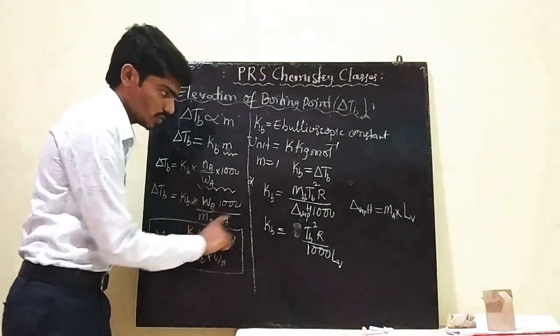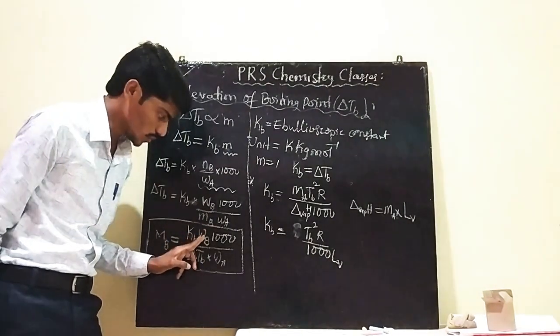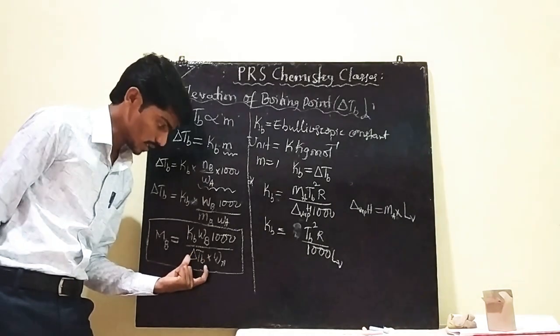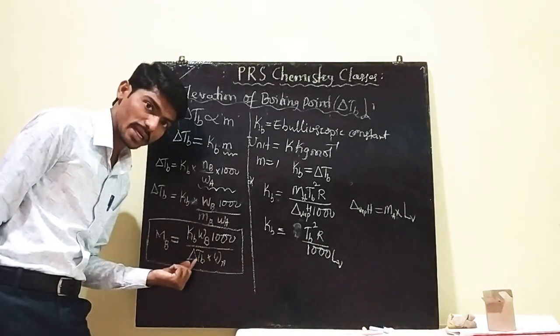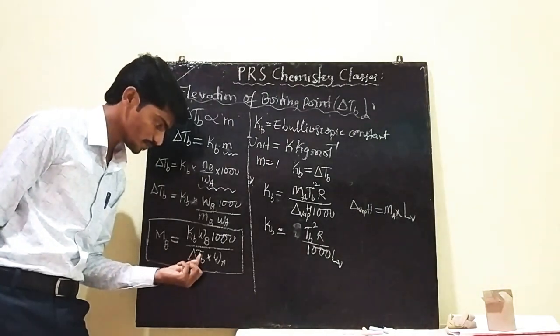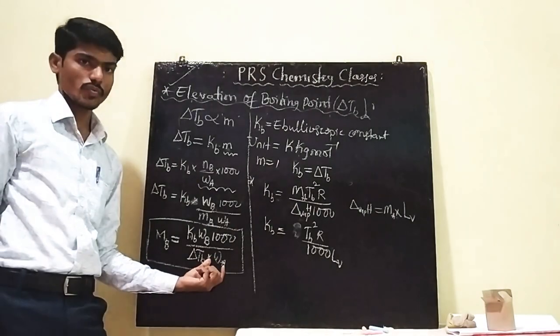If it is not given, you can calculate it using this expression. Wb is the weight of solute, delta Tb is the elevation of boiling point; either directly or indirectly these values will be given, or else you need to calculate them. Wa is the weight of solvent.